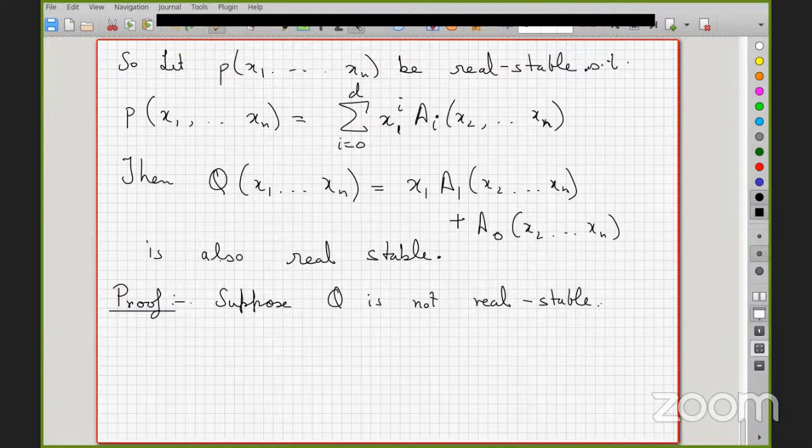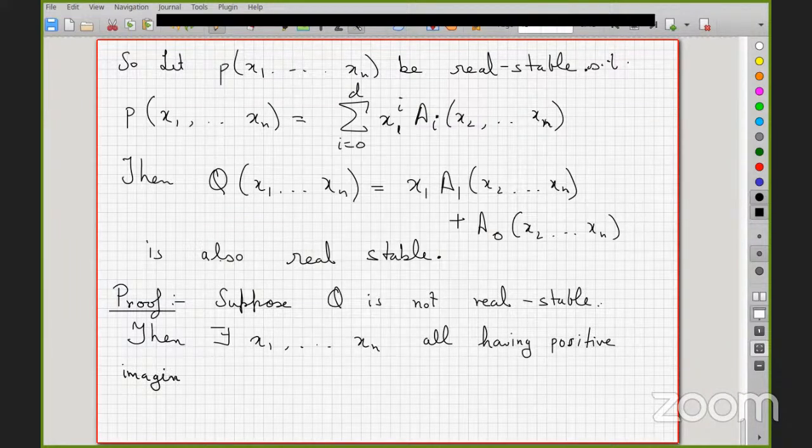So then there exist x1 to xn, all having positive imaginary parts, such that q of x1 to xn is equal to c. So now the claim is.